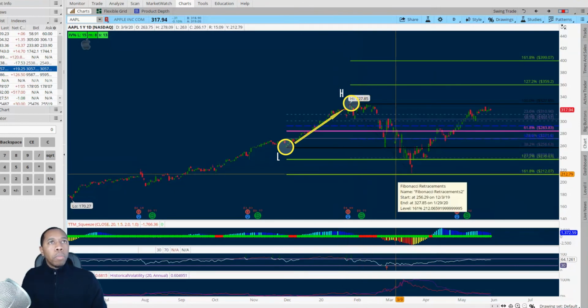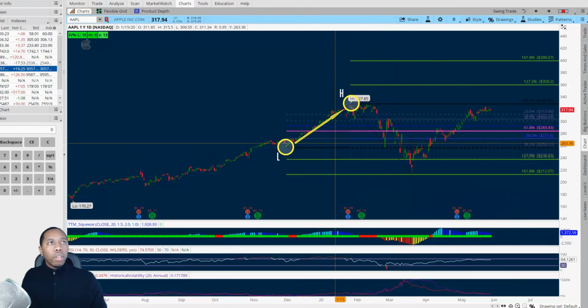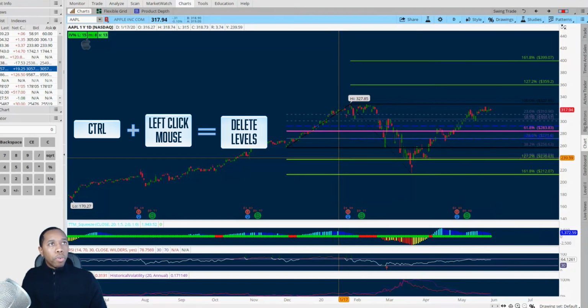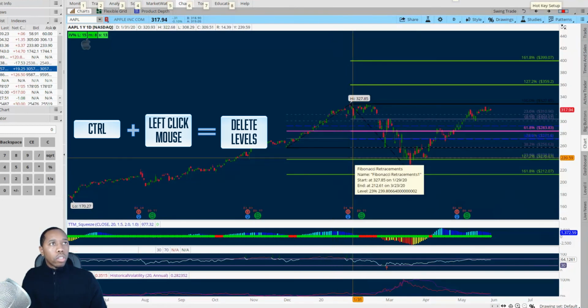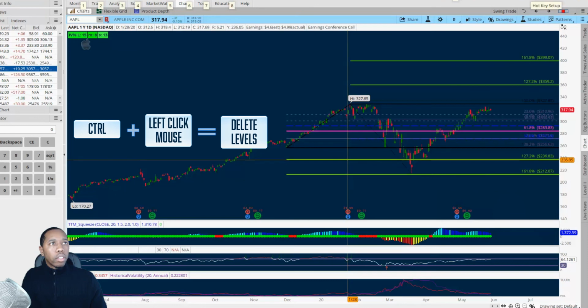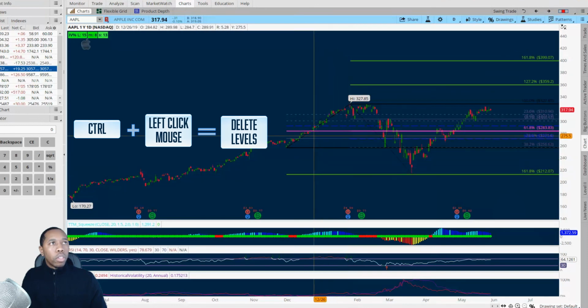Now the chart looks a little messy, so what we want to do is clean this up a tad bit. What we want to do is take the control on your keyboard and then left click on the mouse to remove zones. Okay, so I can take this, right click it, and that erases a zone. I don't need this one here. I'm going to remove it because the purpose of me using it in this way was just to highlight support, and we have support highlighted clearly.